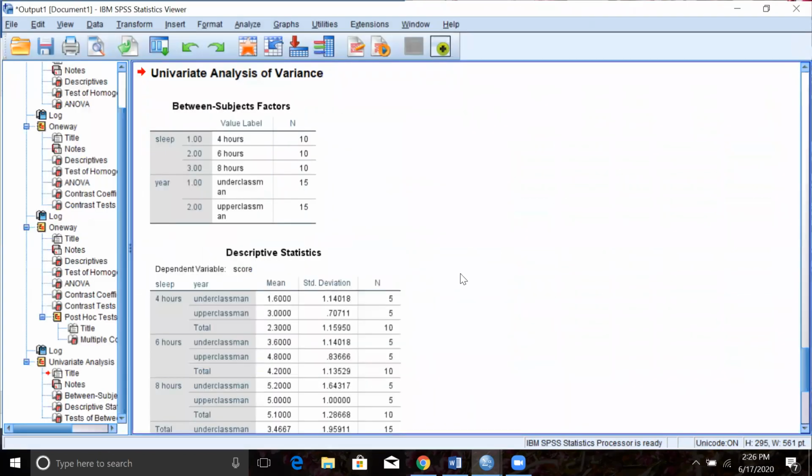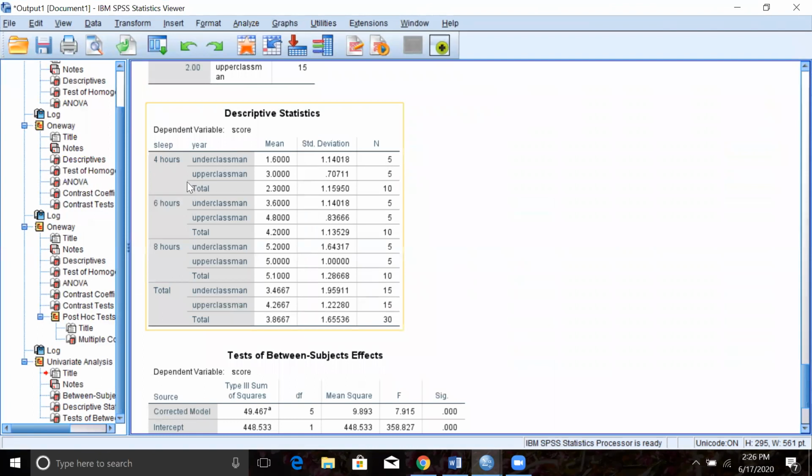Okay, so like I said, it'll give you descriptives for all combinations of your IVs. Since there's 3 levels to the sleep IV and 2 levels for the year IV, you multiply the number of levels together to get the total number of groups or cells when combining both of your IVs, right?